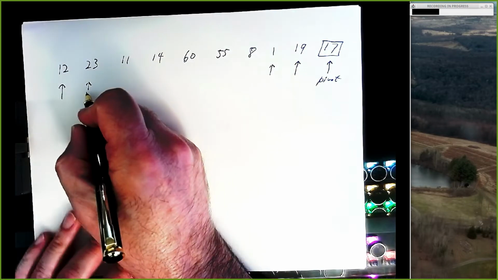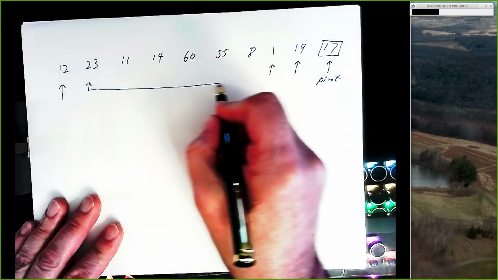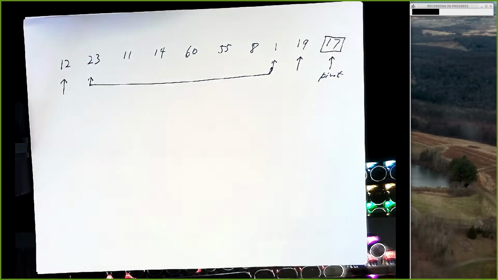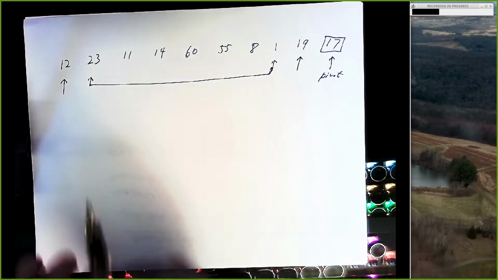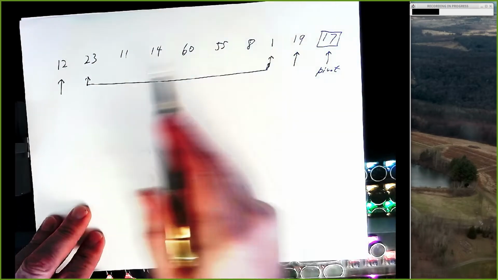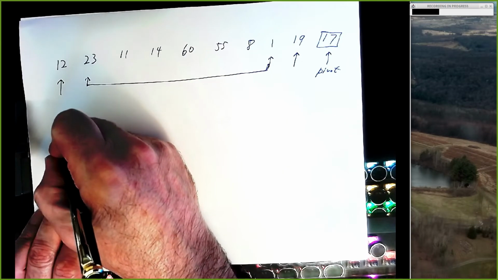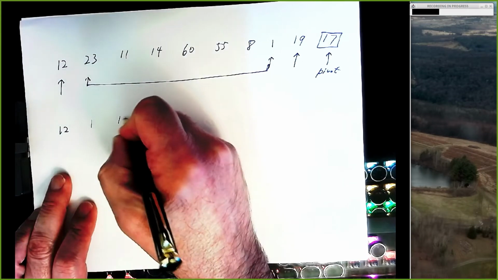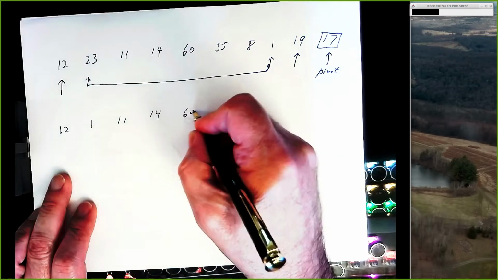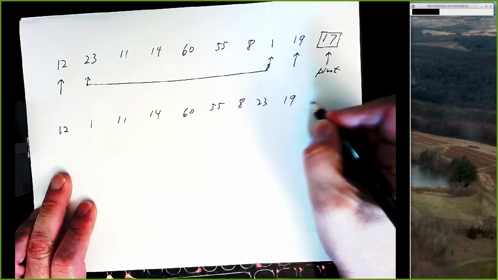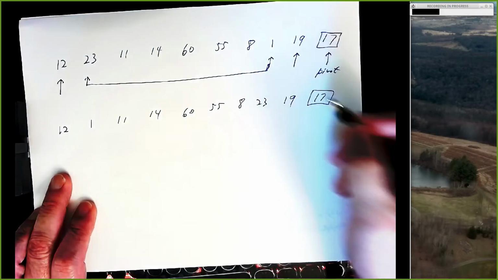We've identified a 23, which is too large, and we've identified a 1, which is too small. We're going to swap those. So we're going to copy the 23 over here. We're going to copy the 1 over here, which is going to make our array look like this. 12, 1, 11, 14, 60, 55, 8, 23, 19, 17.